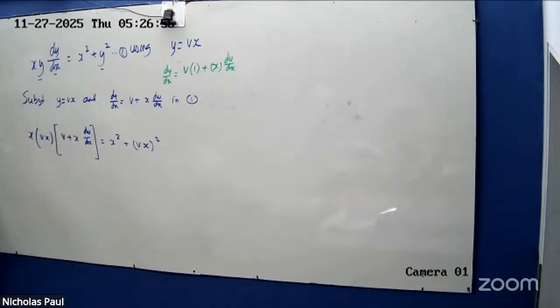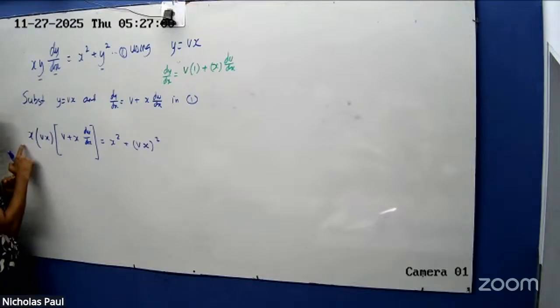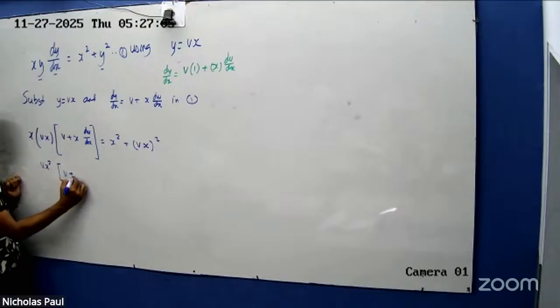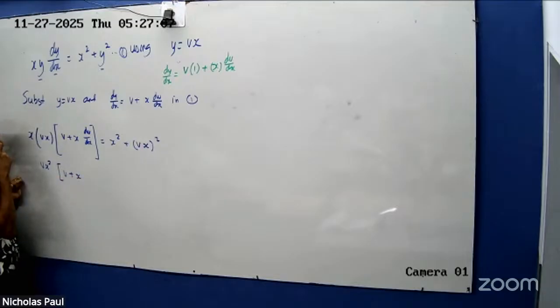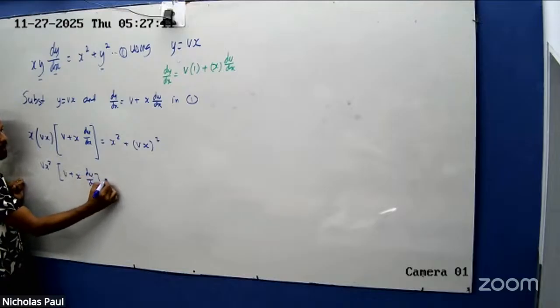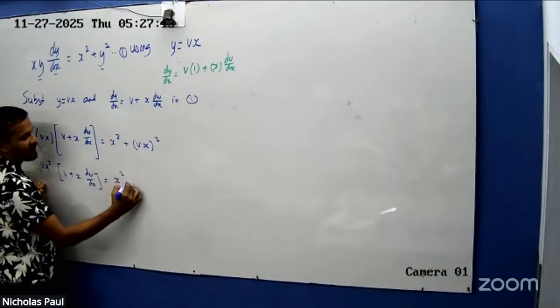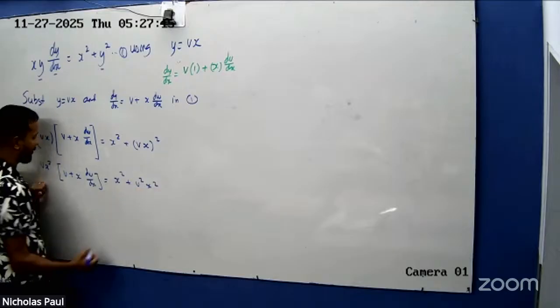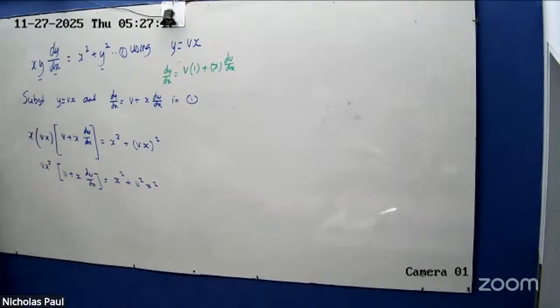The purpose of this is to make it much easier. Let's see what will happen now. When I expand this out, I'll get vx squared by v plus x dv dx. Here I will end up with x squared plus v squared x squared. You okay with that?